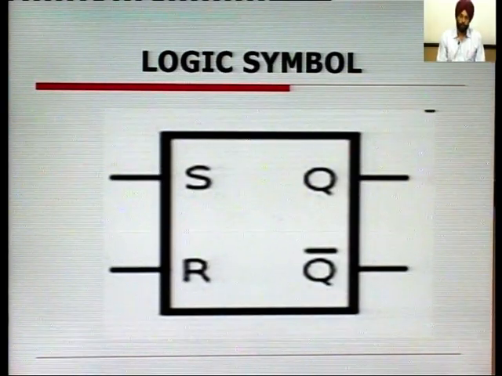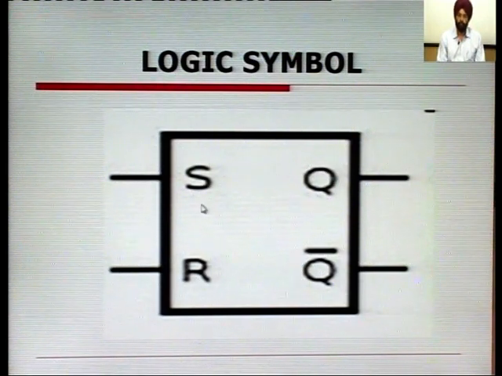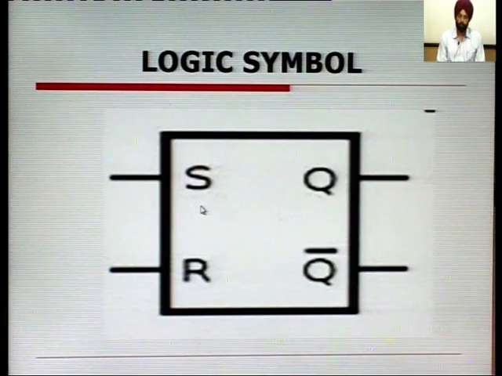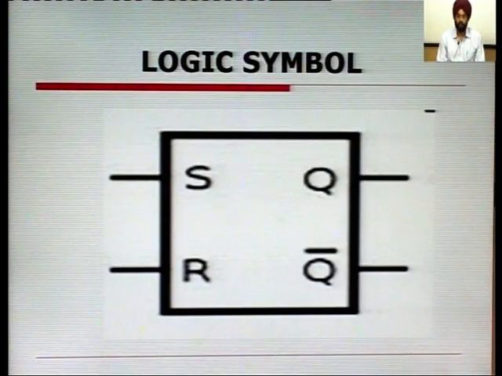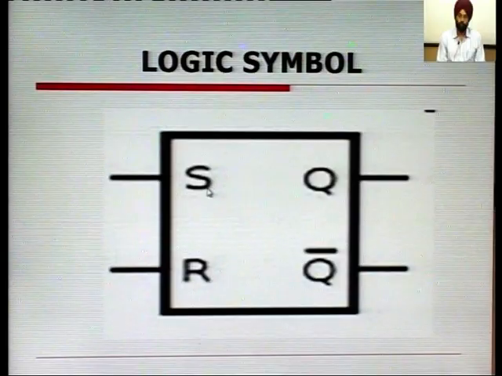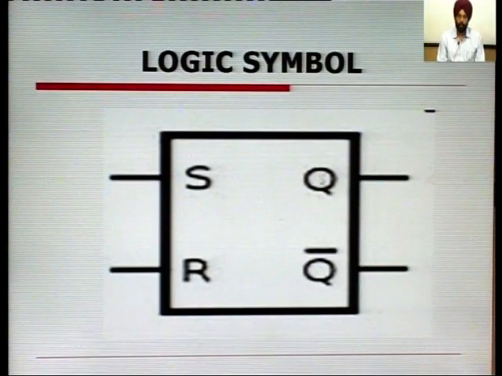This slide shows the logic symbol, irrespective of the gates being used to construct the RS flip-flop, whether it is a NOR gate RS flip-flop or a NAND gate RS flip-flop. We have this logic symbol in which we have two inputs S and R, and two outputs Q and Q bar, which are complements of each other.